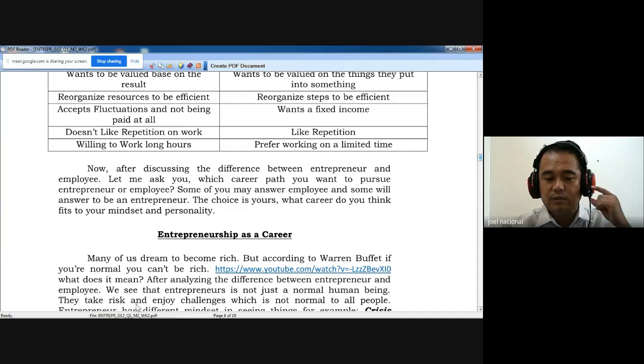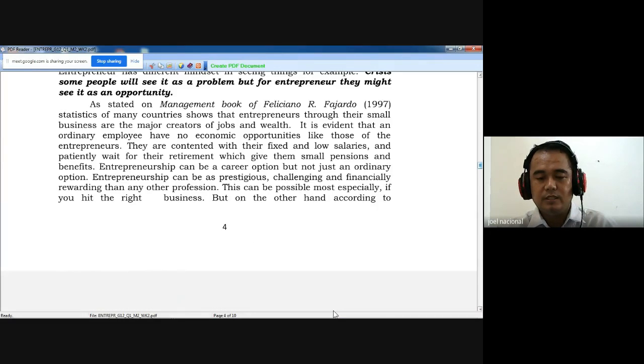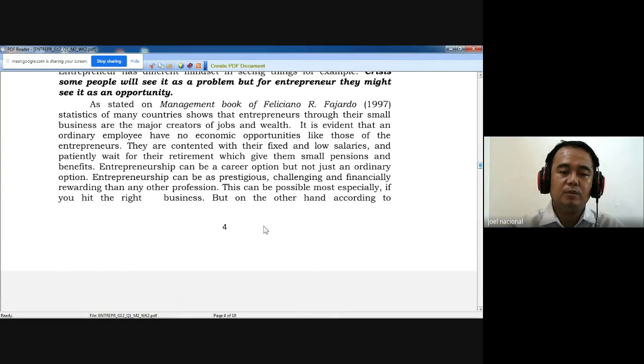They take risks and enjoy challenges, which is not normal to all people. Entrepreneurs have a different mindset in seeing things. For example, crisis. Some people will see it as a problem, but entrepreneurs might see it as an opportunity.